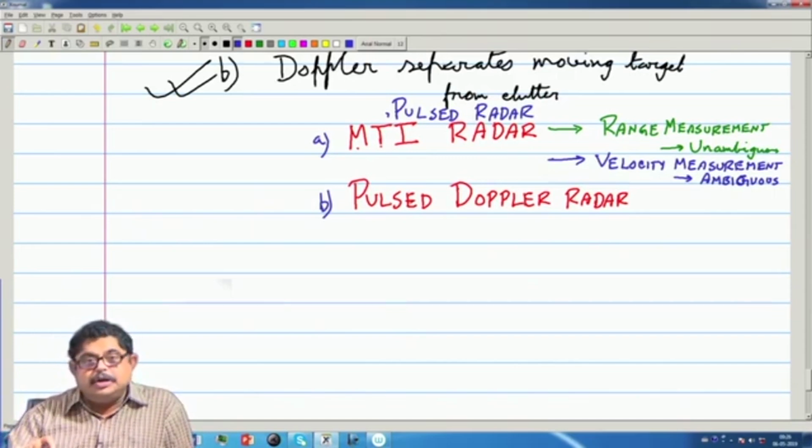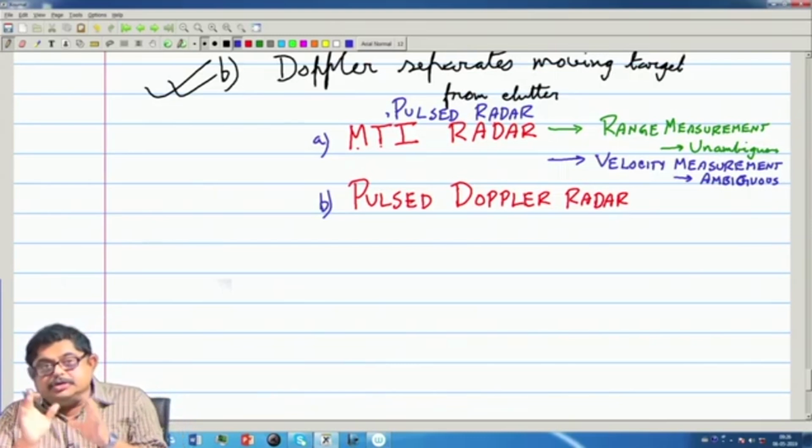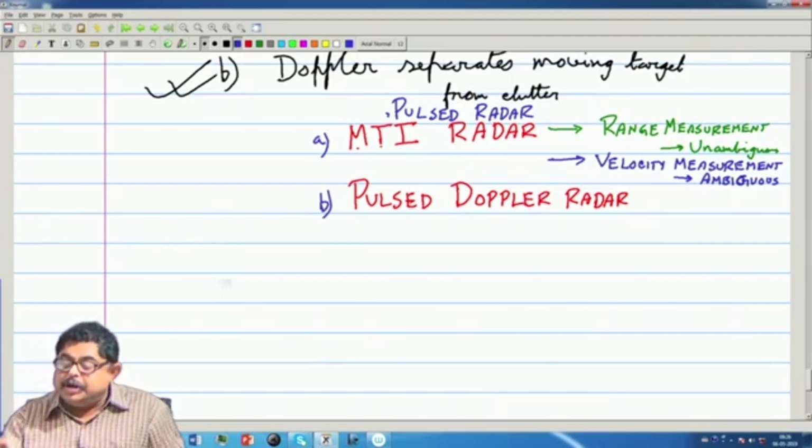Whereas, pulse Doppler is the opposite. It is not so much interested in the range measurement. More importantly, it wants to measure the velocity unambiguously.